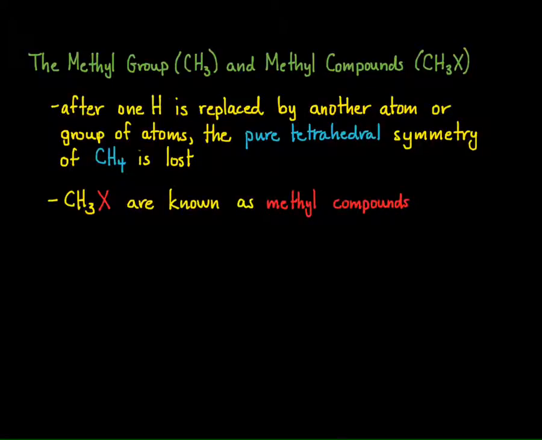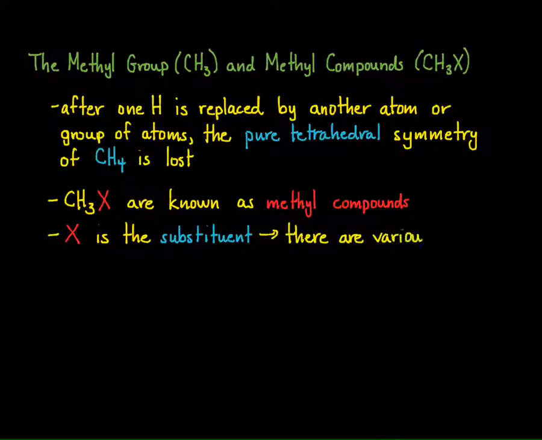Now, what is X? X is simply a substituent, a group. It could be a functional group, and that's what it typically is. A functional group is really a substituent coming off of a generic alkyl group, and in this sense, a methyl group.